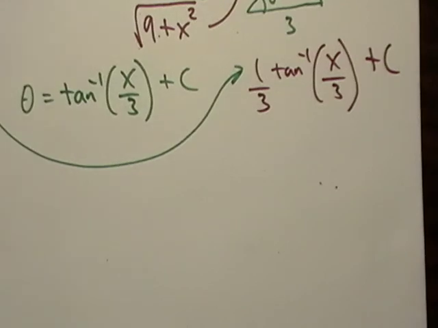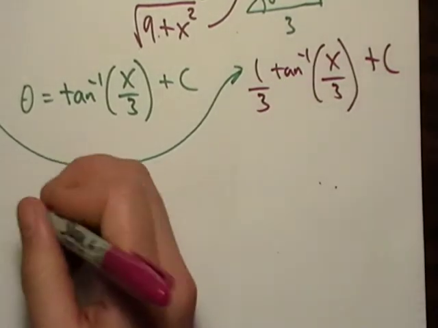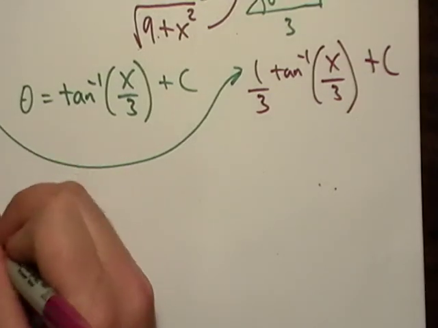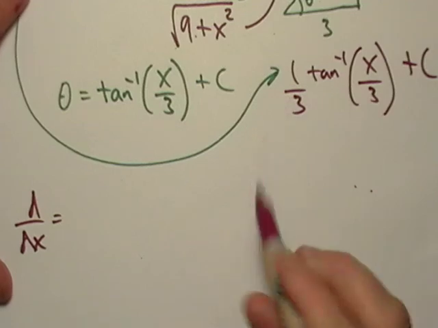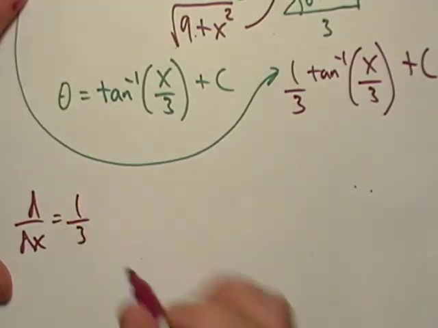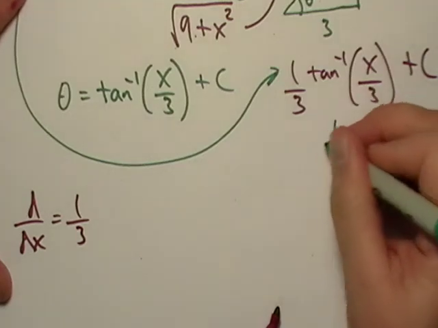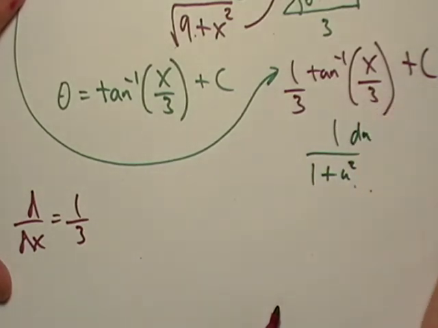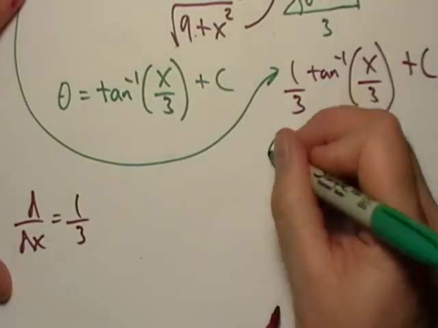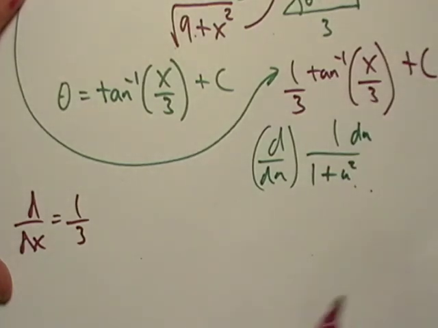So it looks like I have enough time to go ahead and differentiate this thing. So let's do that. d/dx, well, that's going to be equal to, we'll just throw the 1/3 out there. The derivative of inverse tangent takes the form 1 over 1 plus u squared times du, right? Remember, that's just the derivative of inverse tangent formula.